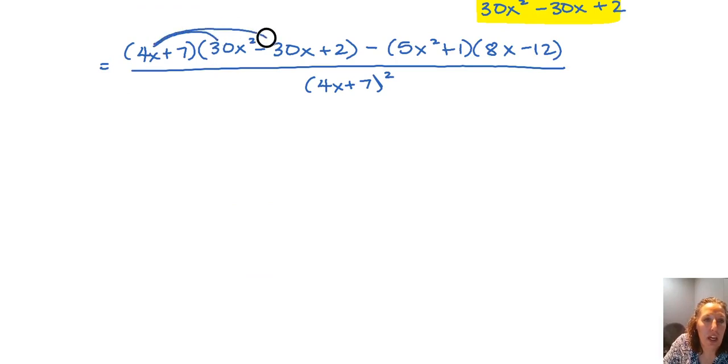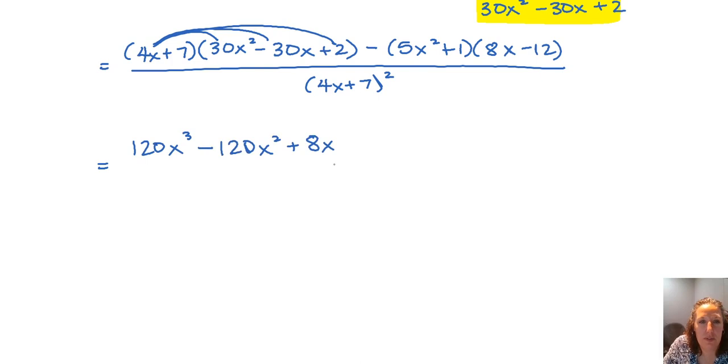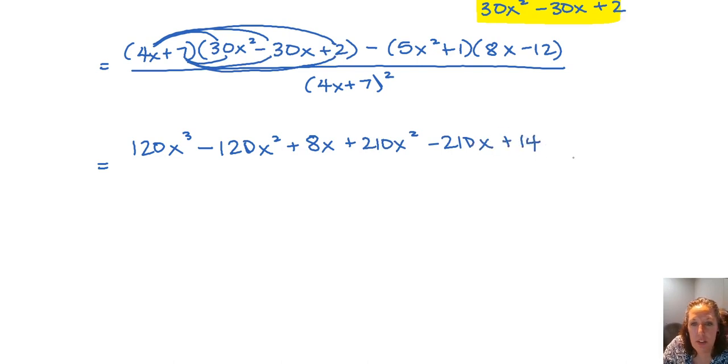So I'm going to go ahead and expand this numerator as much as possible. If I multiply that out, 4x times 30x squared is 120x cubed. 4x times negative 30x is negative 120x squared. And 4x times 2 is 8x. If we distribute the 7, we're going to get plus 210x squared minus 210x plus 14.